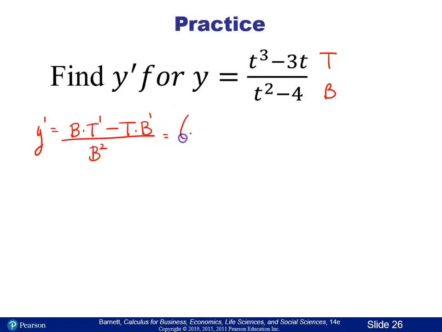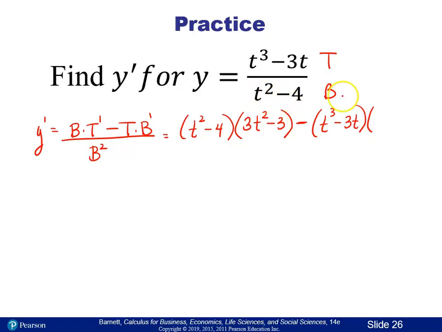Okay, so our bottom is t squared minus 4, and the derivative of the top would be 3t squared minus 3, minus, because it's the quotient rule, and then we're going to have the top, and we're going to have the derivative of the bottom, and then all of that is going to be over the bottom squared.